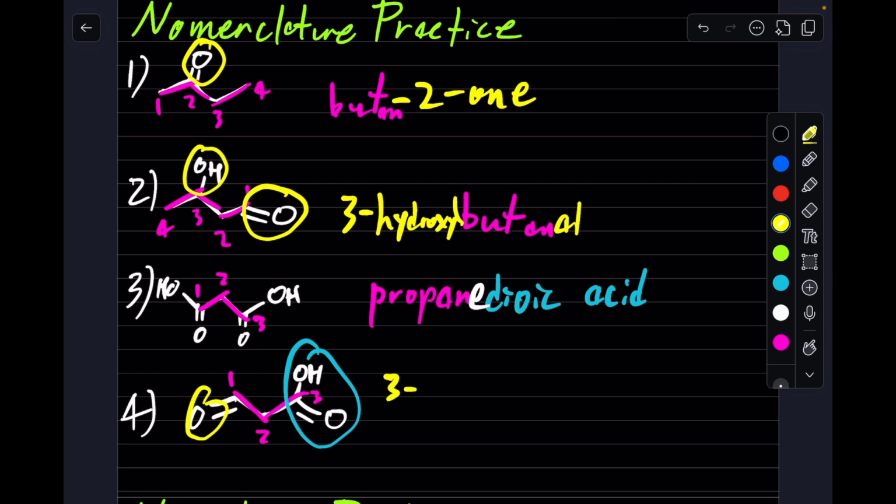So we're going to have 3-oxo. Yeah, it's going to be 3 because the carboxyl carbon is going to be number 1. So it's going to be 3-oxopropanoic acid. All right.